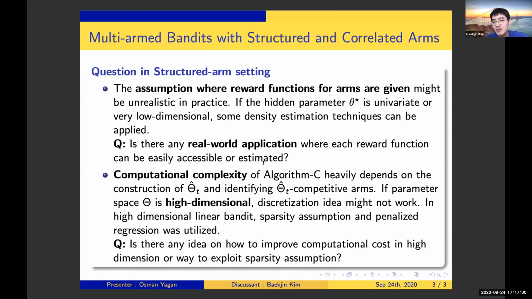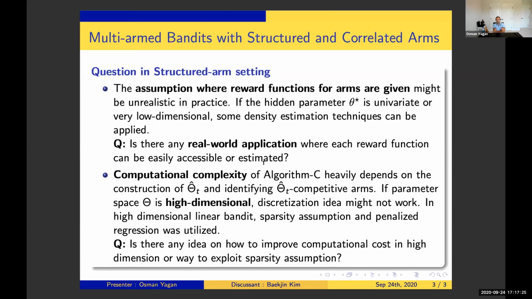If linear structure in reward is considered in high dimension, then something like the lasso bandit was proposed based on the sparsity assumption or penalized regression, fully utilizing the linear structure. But is there any idea on how to improve the computational complexity in high dimension or exploit the sparsity assumption in the setting that you study?